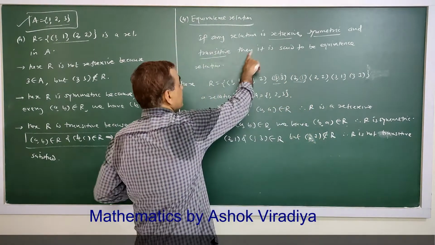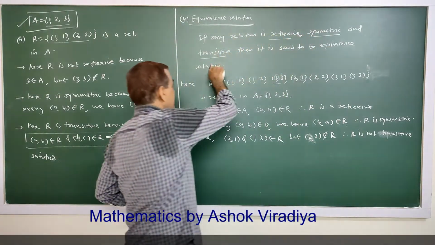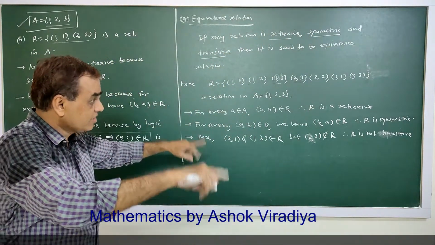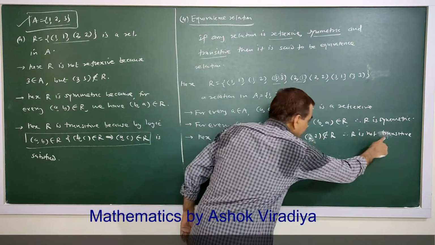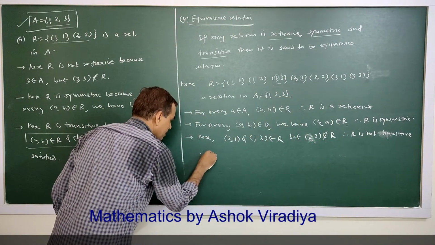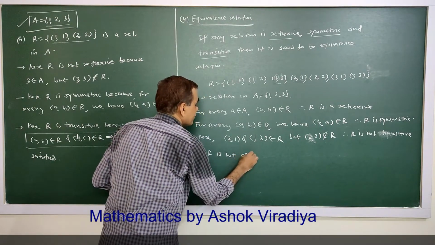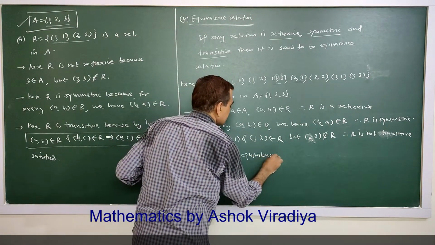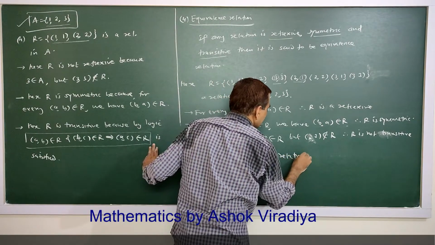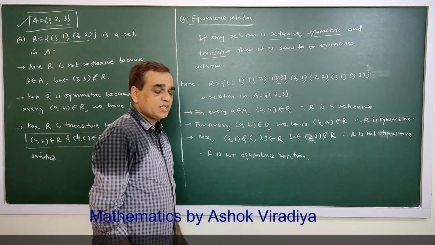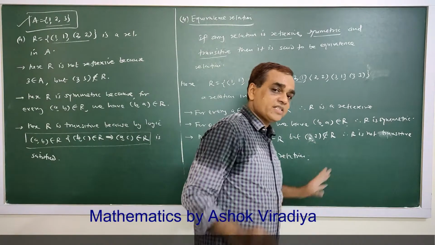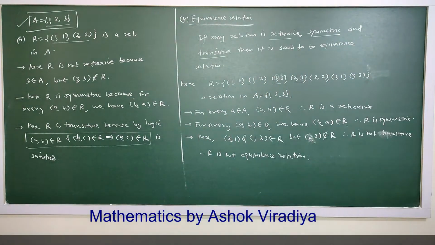If any relation is reflexive, symmetric and transitive, then it is an equivalence relation. But here the third condition is not satisfied, therefore this relation is not an equivalence relation. If it was transitive, then it would be an equivalence relation.